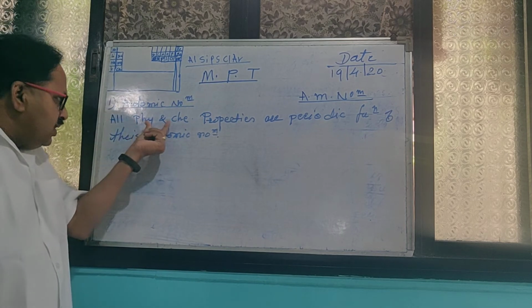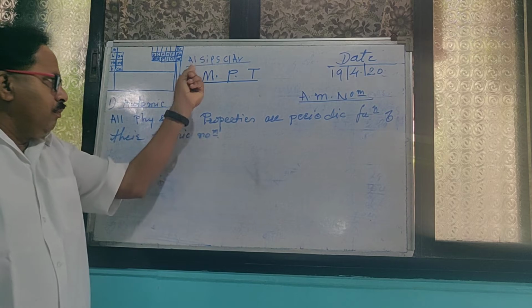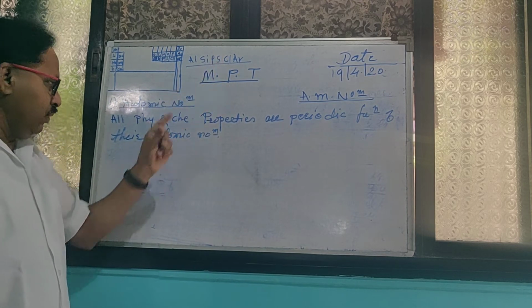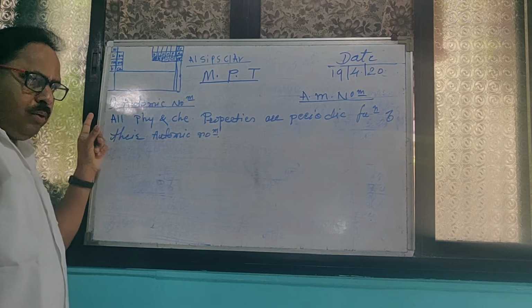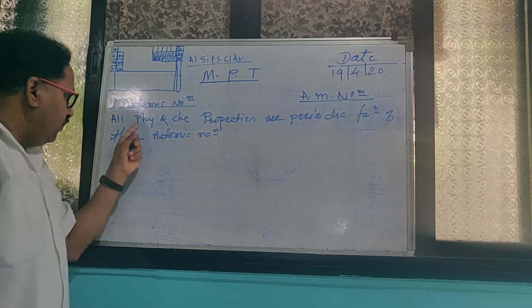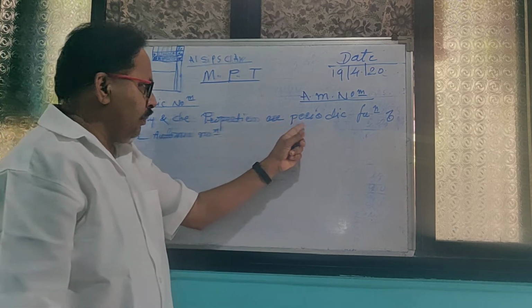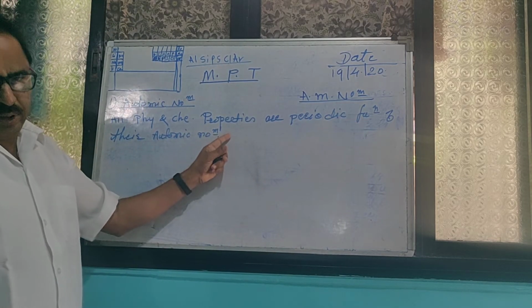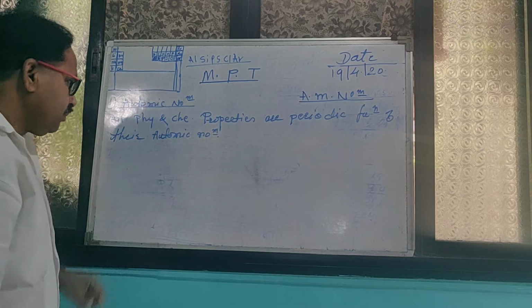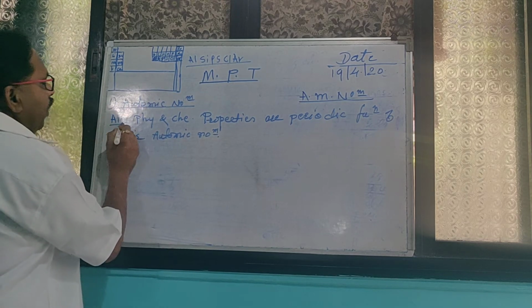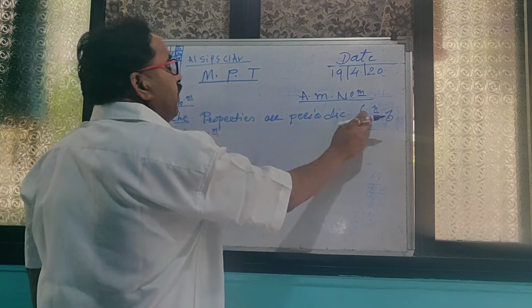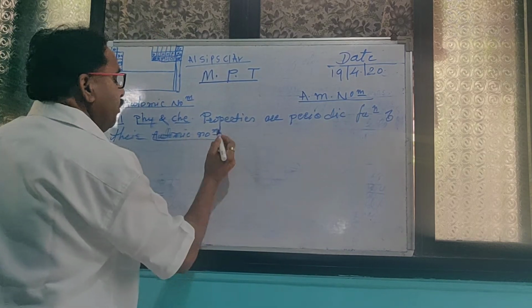The only difference between Moseley and Mendeleev is this. According to Mendeleev, all physical and chemical properties are a periodic function of their atomic mass number. But according to Moseley, all physical and chemical properties are a periodic function of their atomic numbers.